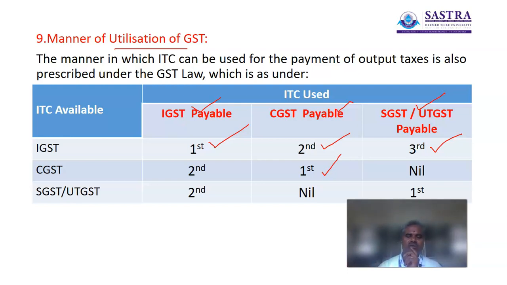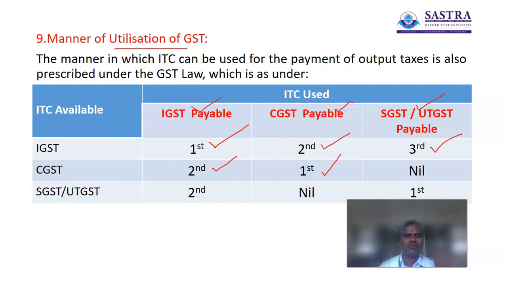If anything is left, it has to be used to adjust IGST. After adjusting IGST, if you have any surplus, you have to pay directly to the government. But the ITC cannot be adjusted against SGST. The ITC available for CGST cannot be adjusted against SGST. This is very, very important.